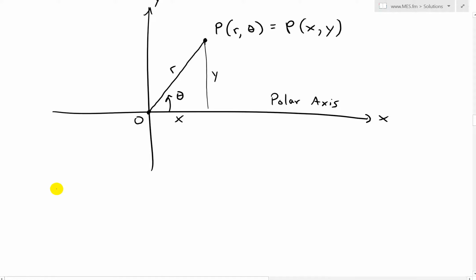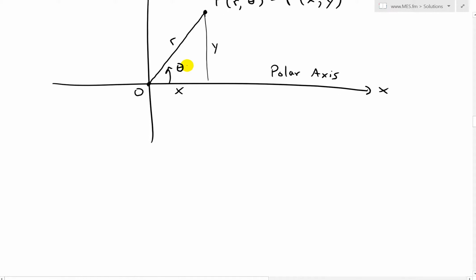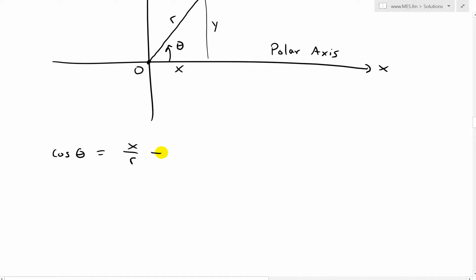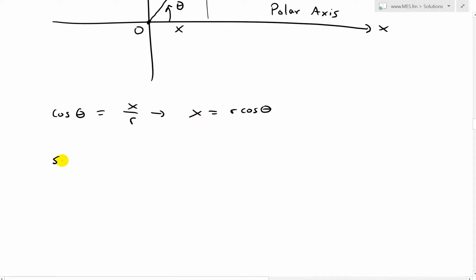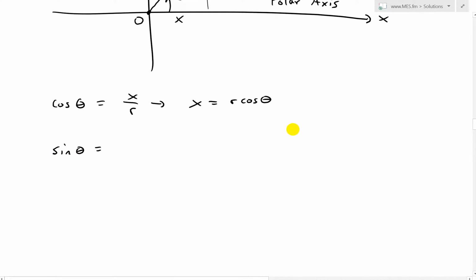Now the definition of cosine is adjacent over hypotenuse, which equals x over r. Moving r to the other side, x equals r cosine theta. Likewise, sine theta is opposite over hypotenuse, so y over r, and moving r over, y equals r sine theta.